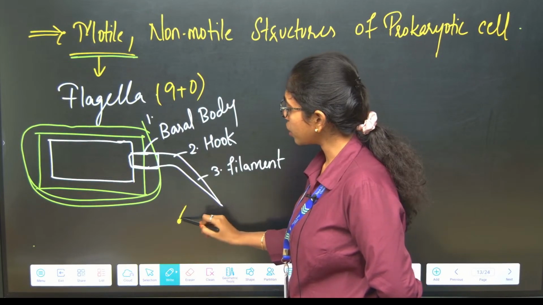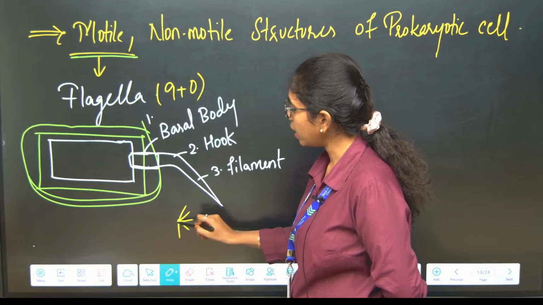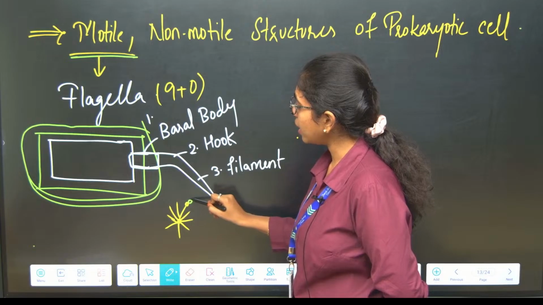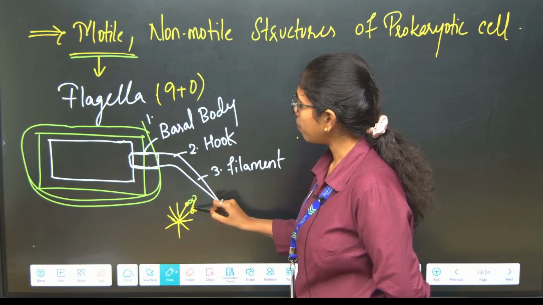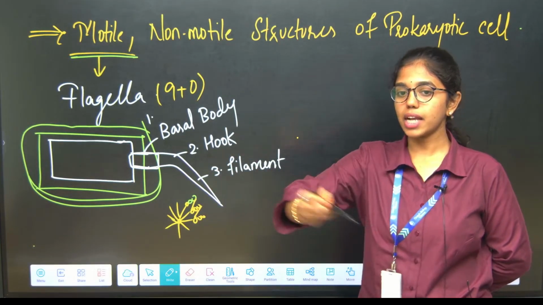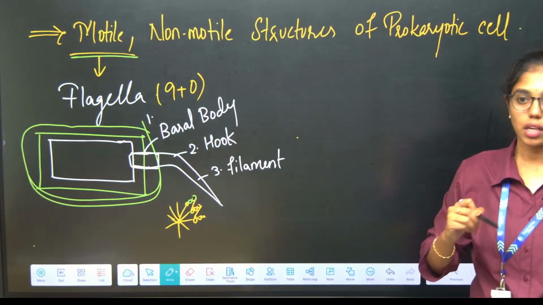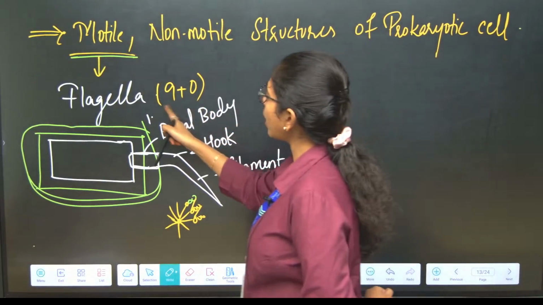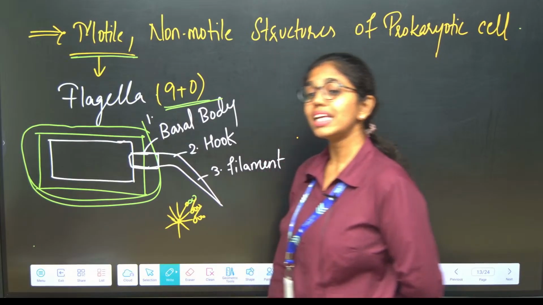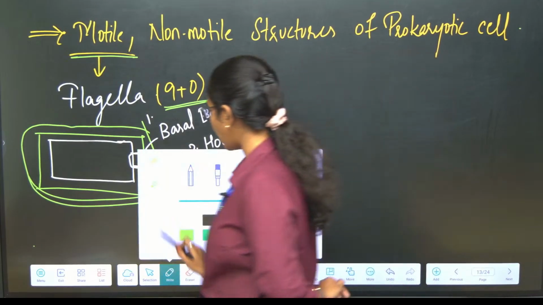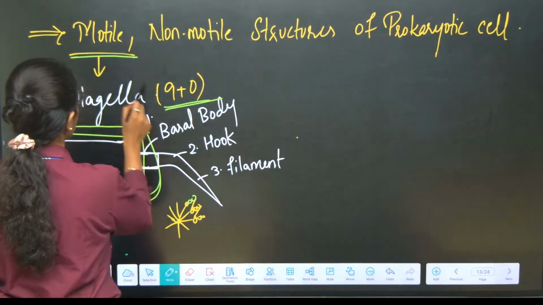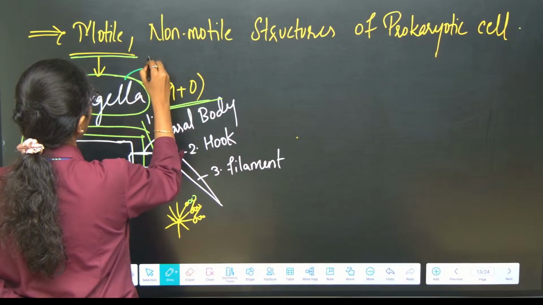To this hub, 9 radial spokes are attached, and peripherally they have 3 peripheral microtubules like this. So this rotates and the movement of flagella will be like this. What is the protein present on the flagella? Flagellin.